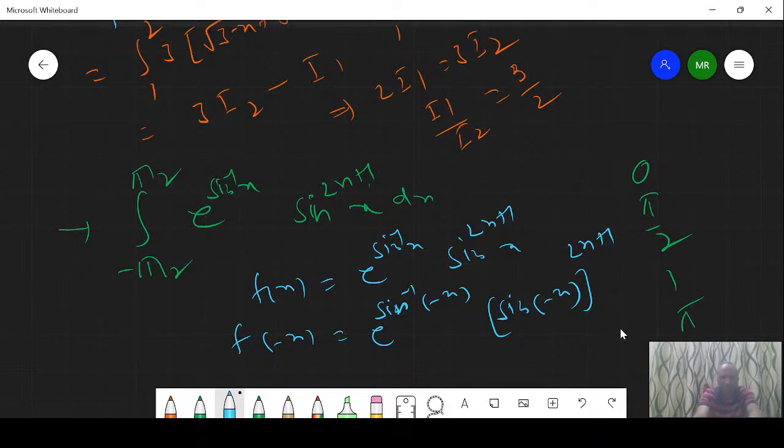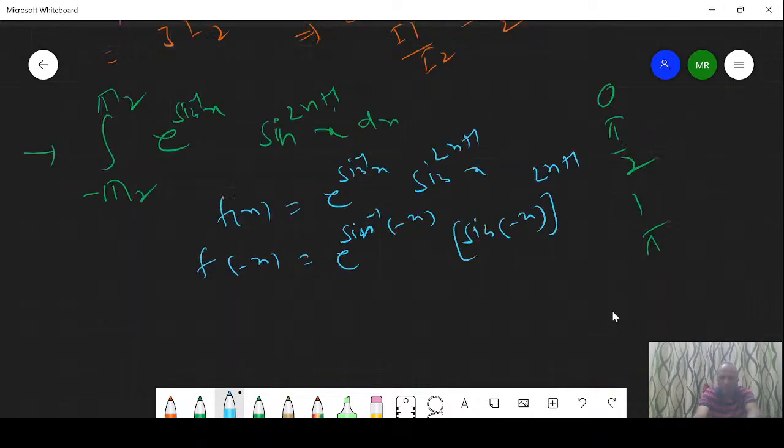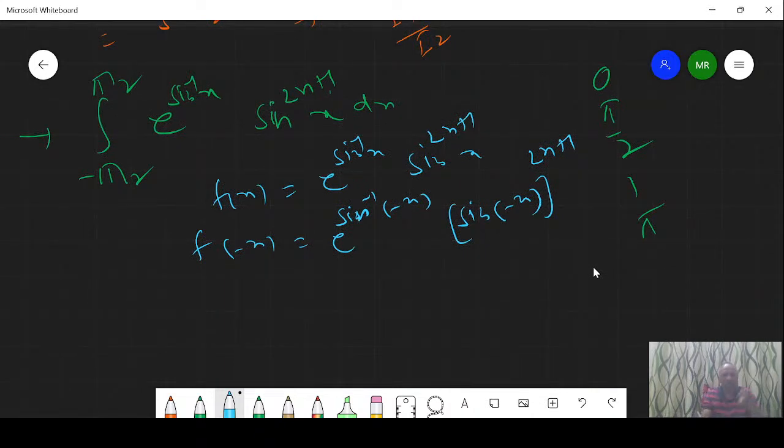Now I am going to verify whether this is an even or odd function. What about e power sin inverse of minus x? Sorry, this is not sin inverse.